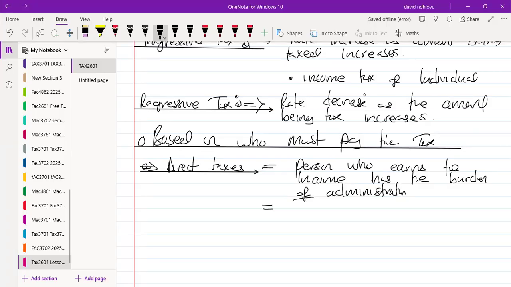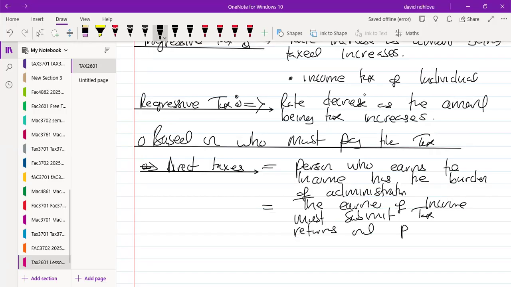That is, the earner of the income must submit tax returns and pay over to SARS.